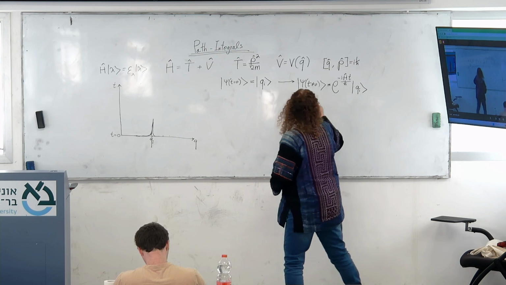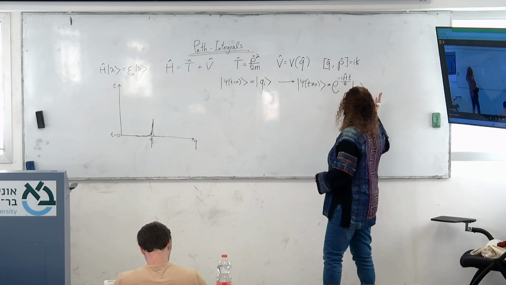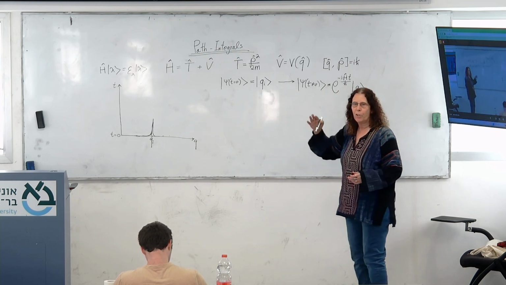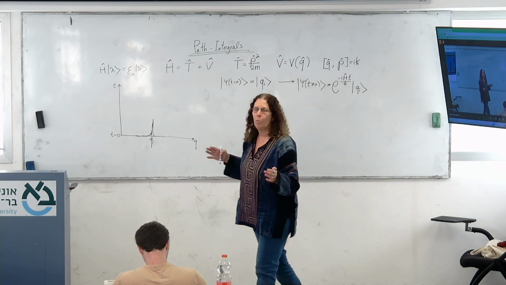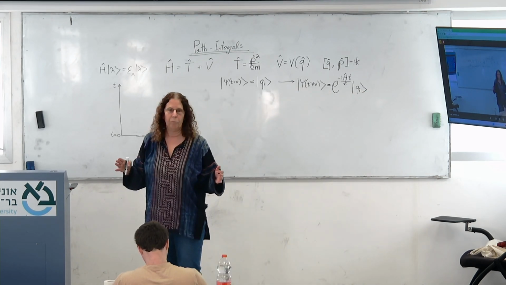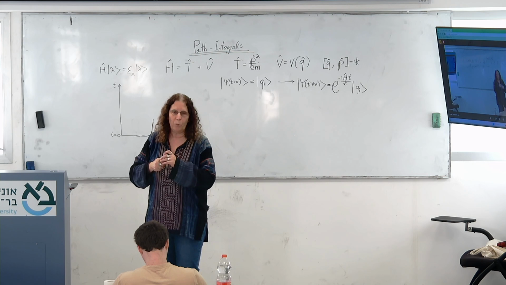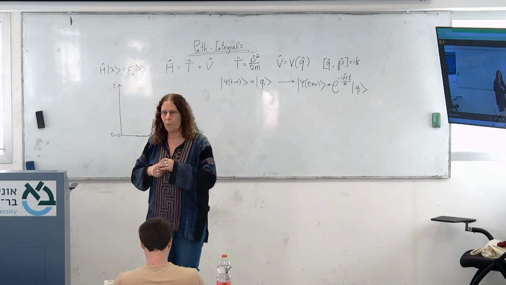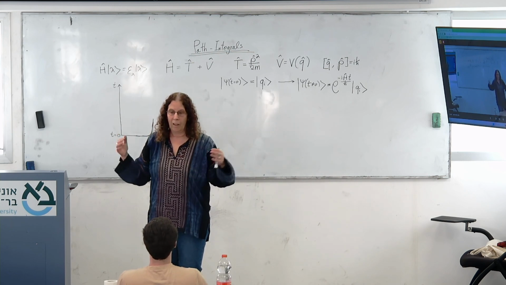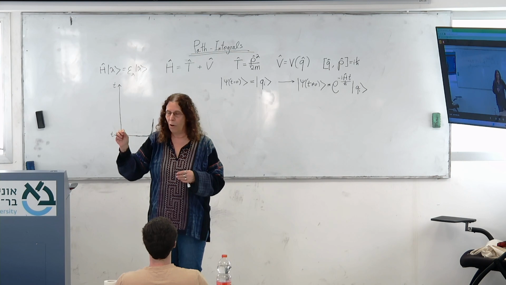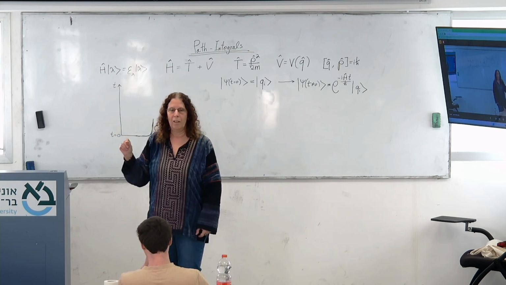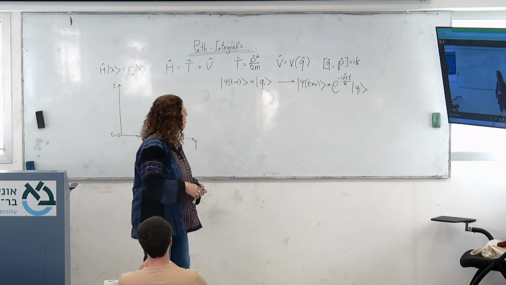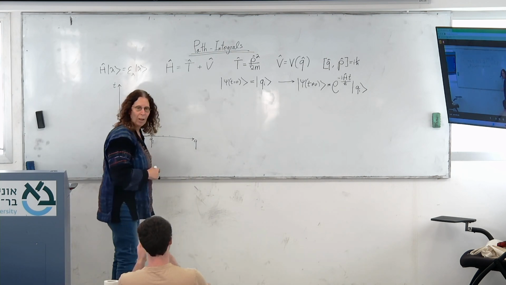And now what we're going to do is to evolve this state until we reach some final time where we want to make a measurement. Okay? And the measurement we're going to make is to measure the state or the probability to find the particle at a particular coordinate, which is generally different from q_i.